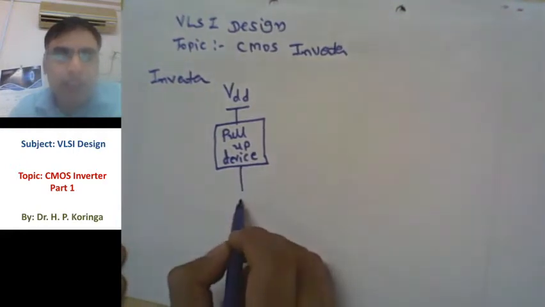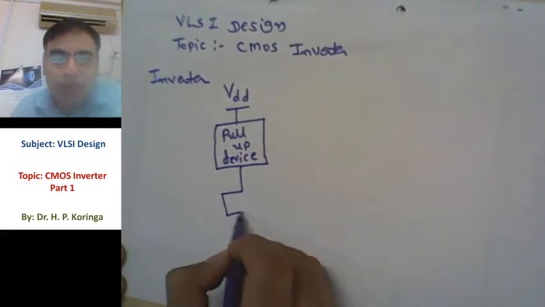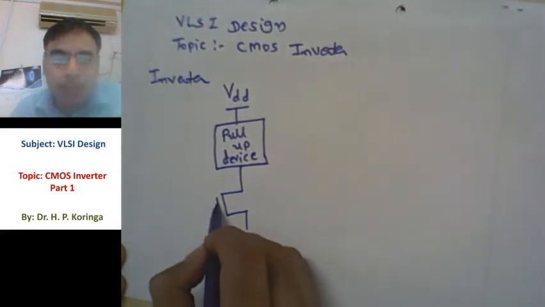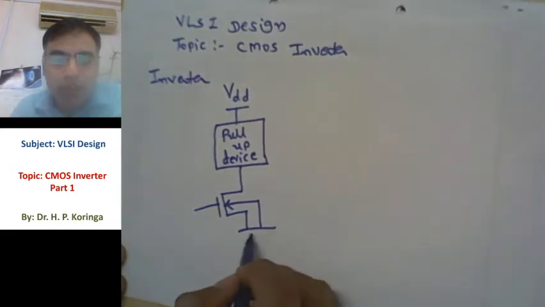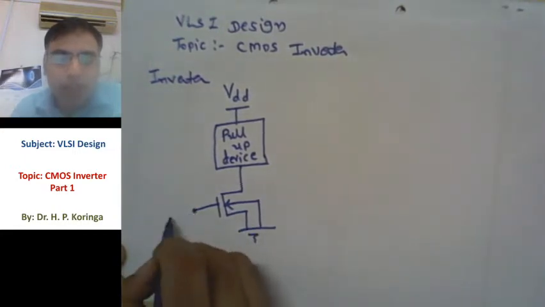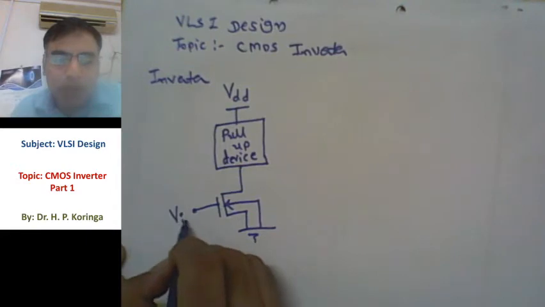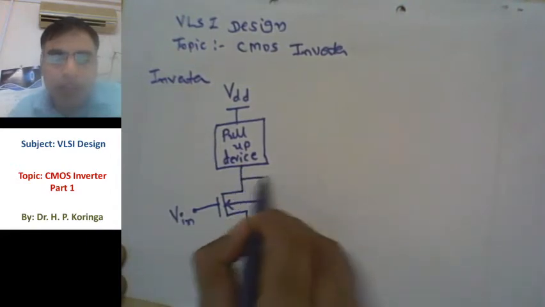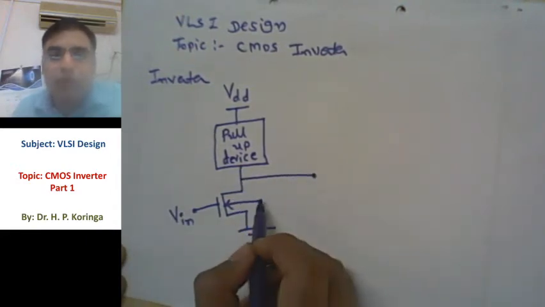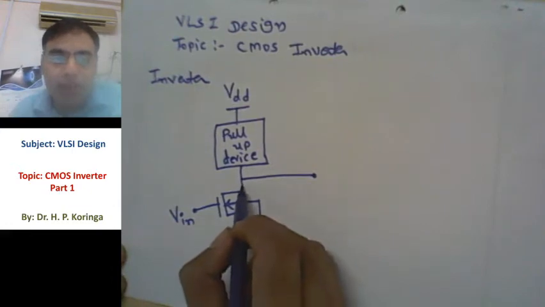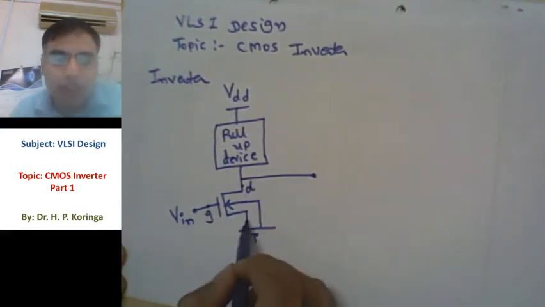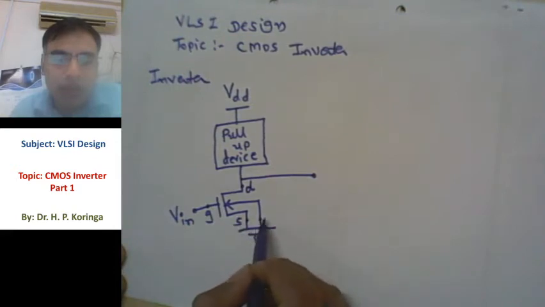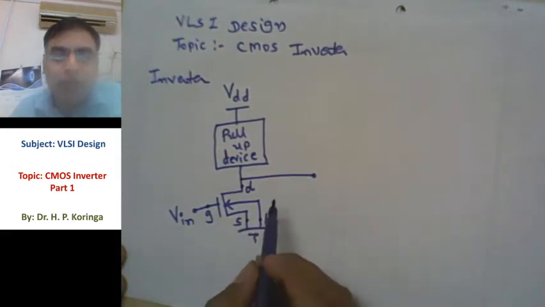And as a driver MOSFET, it is an NMOS enhancement type. The input is at the gate terminal of the driver MOSFET, and the output is in between the pull-up device and the drain terminal of the driver MOSFET. So this is the drain terminal, gate terminal, source terminal, and bulk terminal of the driver.